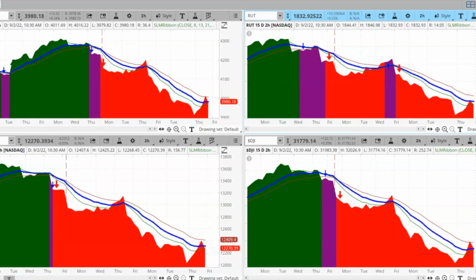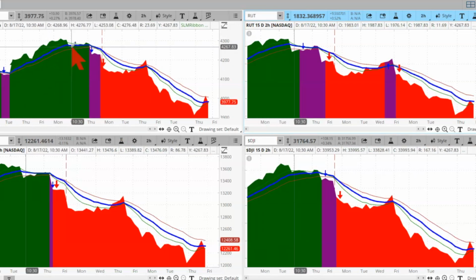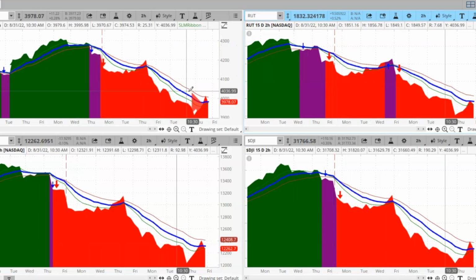These are 2-hour charts, and our members get to see our 2-hour charts, and you can see in here how important 2-hour charts are. If you are a short-term trader or intraday trader, when the momentum is green on the 2-hour charts, you bias your trading to the long side. When the momentum is red or negative, you bias your trading to the downside.